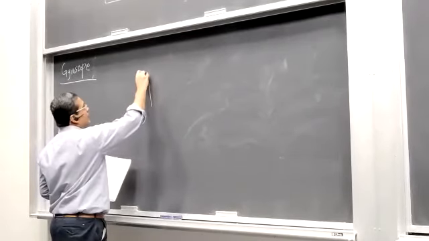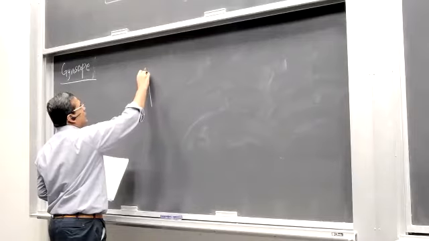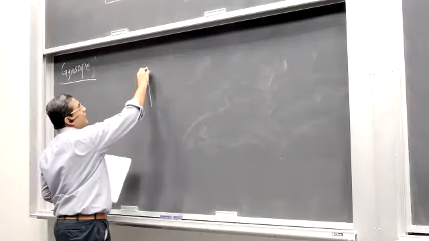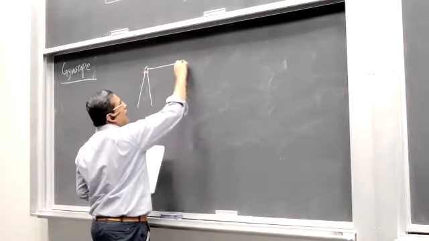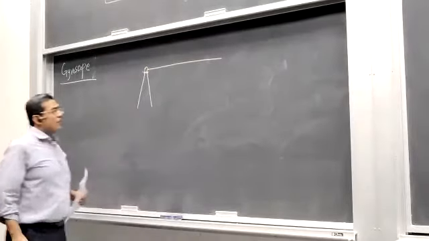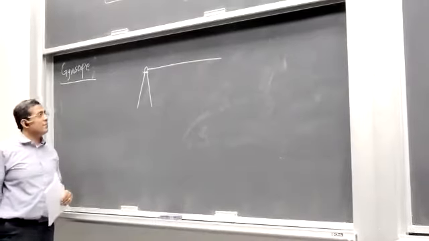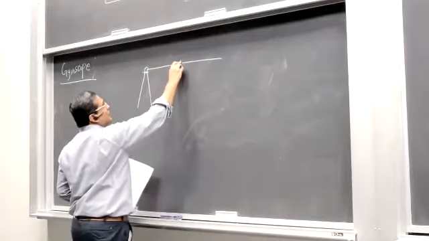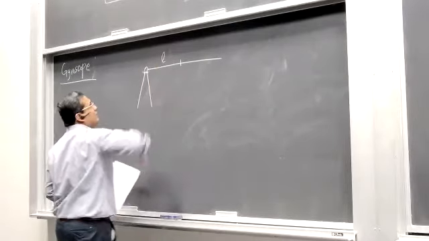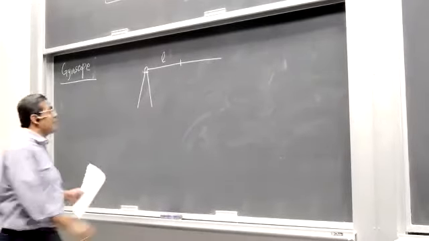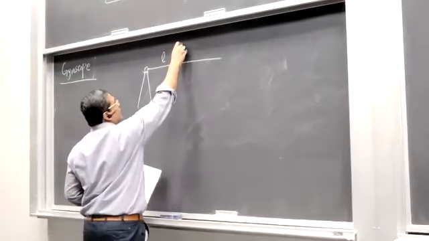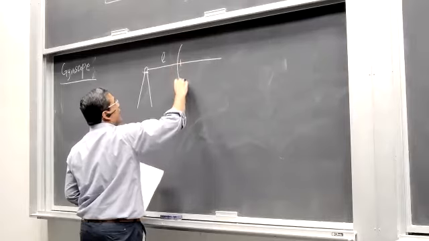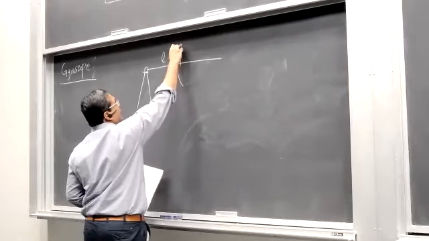We have a support, and on the support we have a horizontal rod pivoted. Let's say that its distance to its center of mass is L. And at its center of mass, we have a very heavy wheel, a flywheel, attached.